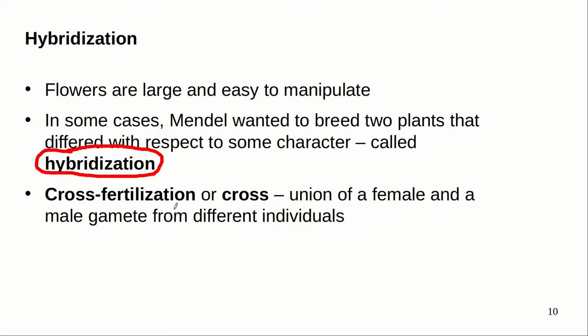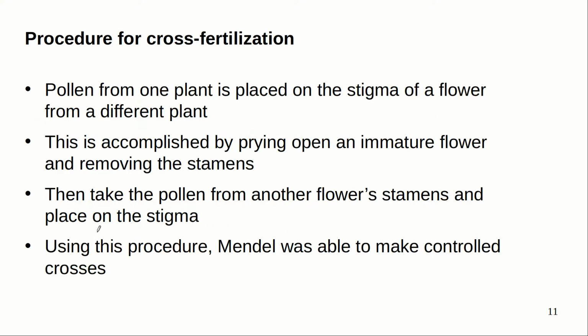When you cross-fertilize, you have the union of a female and a male gamete from different individuals. Gametes are reproductive cells. So, of course, in the case of humans, gametes are sperm and egg. In a plant, that would be pollen and an ovule. All right, same idea.